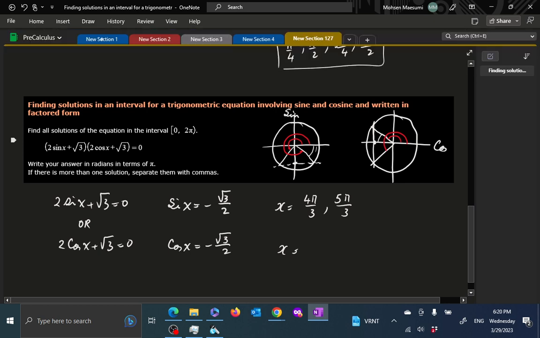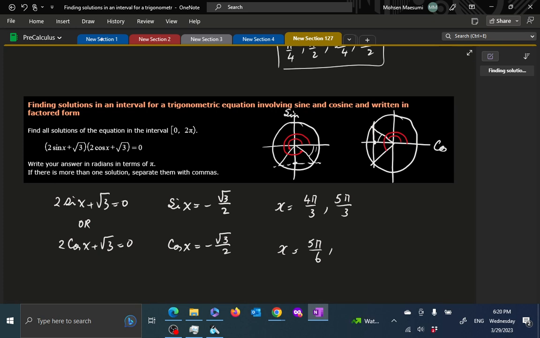That's going to be 30 degrees, and therefore this is going to be 5 pi over 6 and 7 pi over 6. Okay, pi minus pi over 6 and pi plus pi over 6. These are the two, and the solution for the equation is a set of 4. You list them with commas, and that should do it for us.